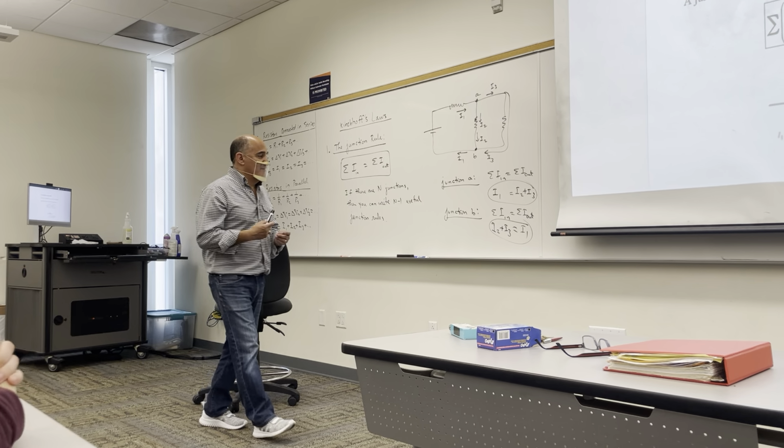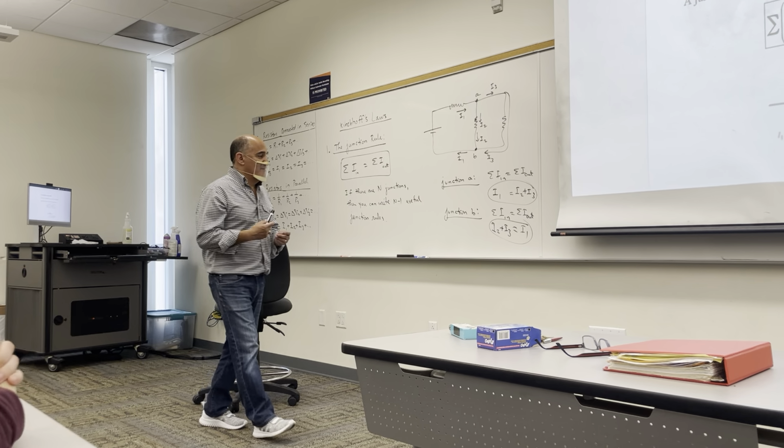So, how many different currents are there? 7, right? So I gotta figure out 7 currents. So therefore, I need how many equations? 7 unknowns. Of those 7 unknowns, how many junction rules can I write? How many junctions are there? 4.